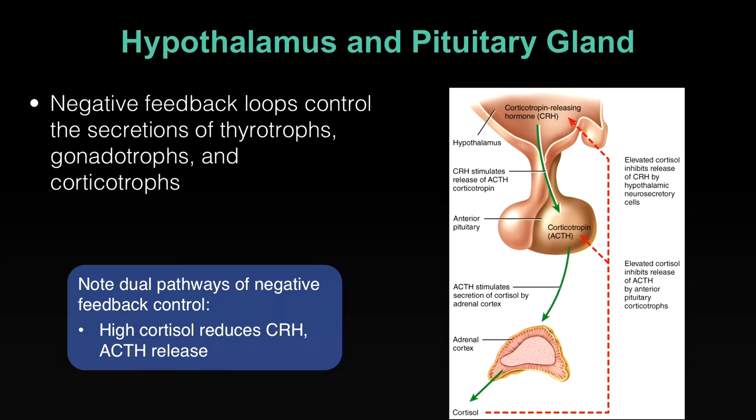And usually, if there's enough cortisol circulating, if you get stressed enough, cortisol will turn off secretion of ACTH here at the pituitary, and it shuts off the hypothalamus. Shuts off corticotropic releasing hormone and ACTH, overall decreasing the amount of cortisol circulating in the blood, or it should.